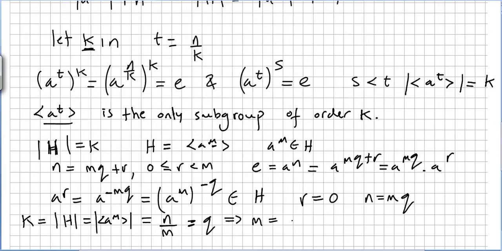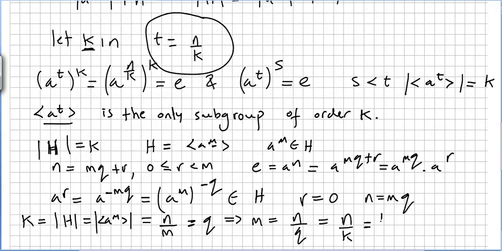So m equals n dividing q, so that is n dividing K, right? N dividing K equals this one. N dividing K equals T. Okay?